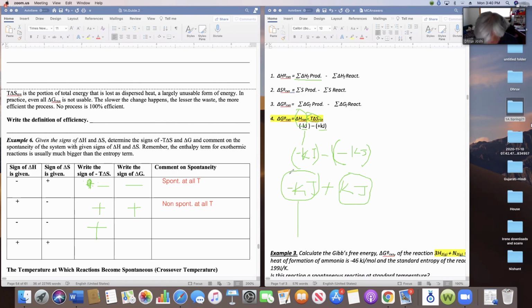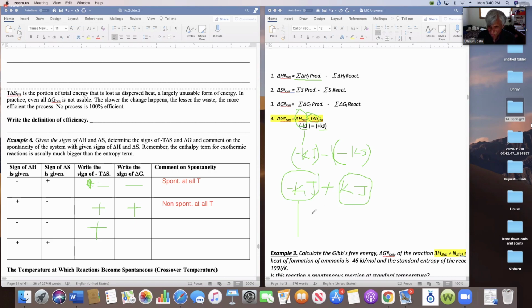If it is otherwise, then it would be non-spontaneous. So these two are going to fight each other out. Now remember that this kilojoule is much bigger than this joule over here, and this is converted into kilojoules. So there is that consideration.